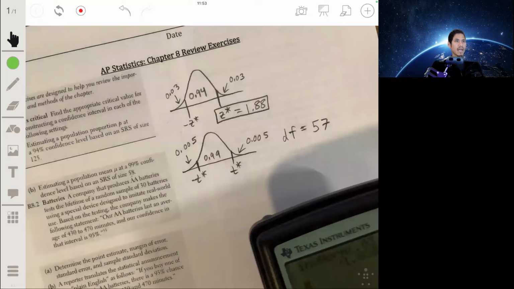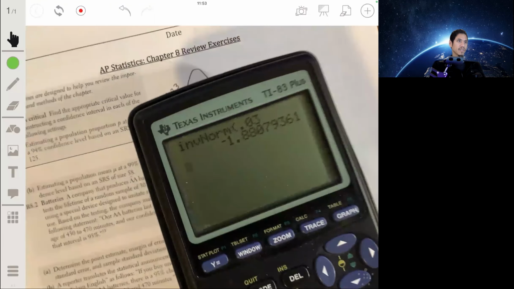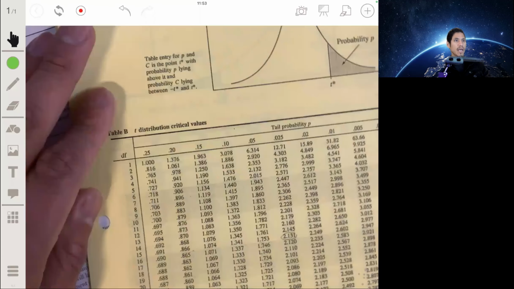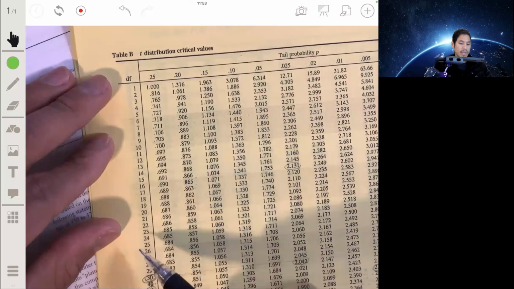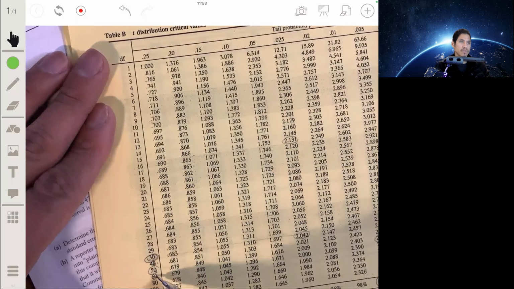Now, some calculators have this as a function where we can just figure it out using an inverse T function, but this one doesn't, so we'll just use a table. In this table, we look for the degrees of freedom, and since 57 is not on here, we're going to use the one closest below.